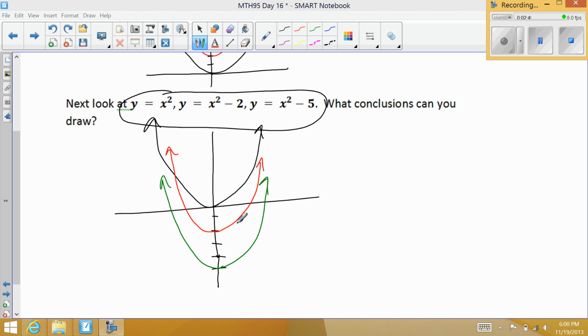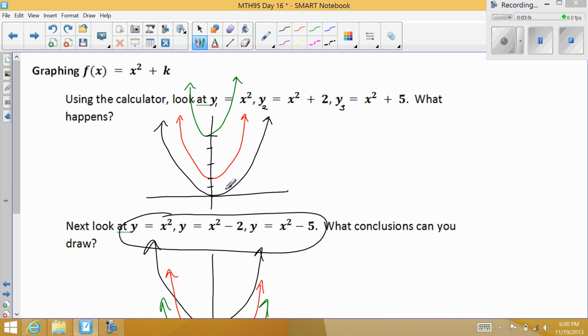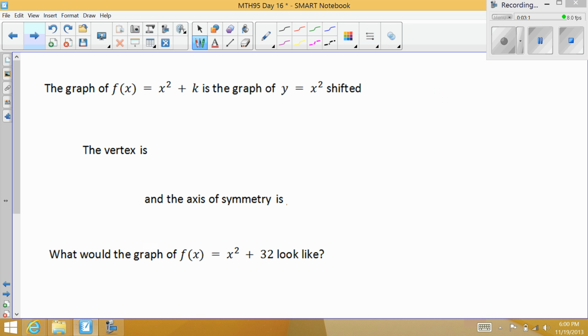So all three of these graphs have the same basic shape, but when we subtracted a value from the basic function, it shifts the graph down. Whereas when we added a value to the basic function, we got an identical graph but shifted vertically upwards. So in general, if you have a graph x squared plus k, where k may be a positive number or a negative number, what you're going to get is the graph of y equals x squared shifted vertically, up or down, k units.